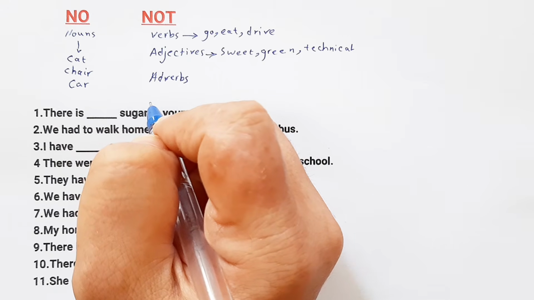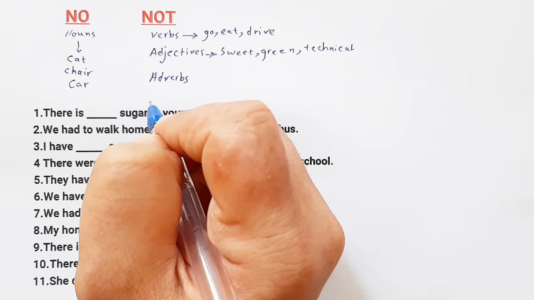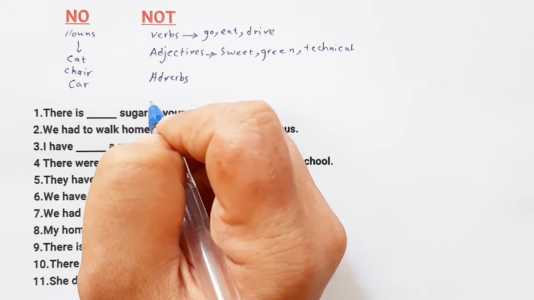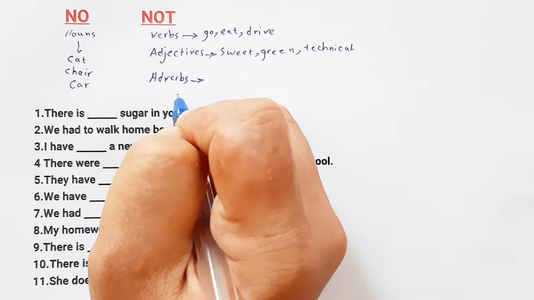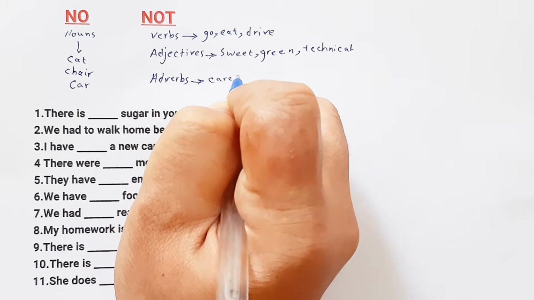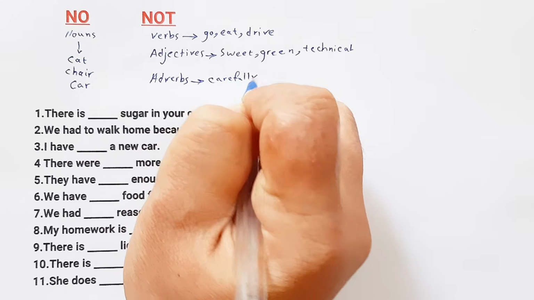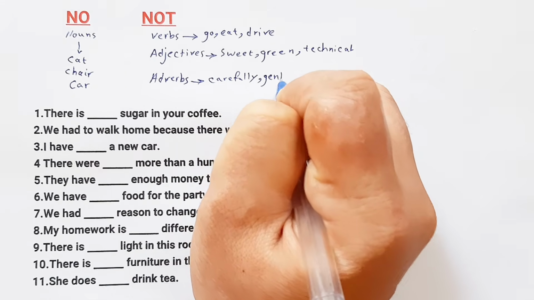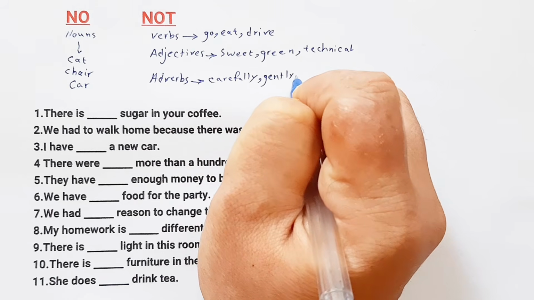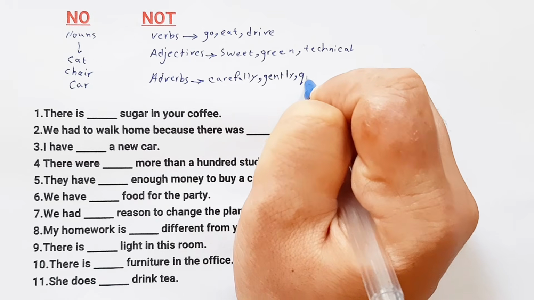Adverb is a word or phrase that modifies or qualifies an adjective or verb or other adverb. For example, carefully, gently, or quiet.